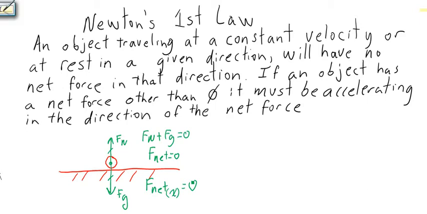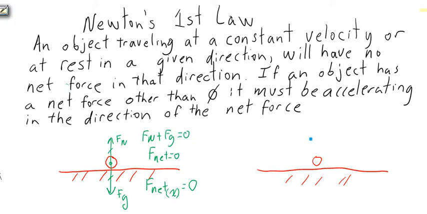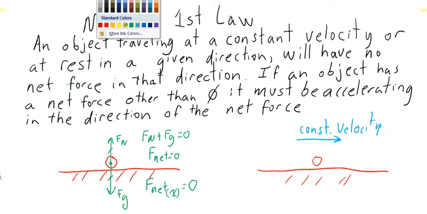Well, if we draw this again, except this time the ball is rolling, so it's no longer at rest, but the ball is traveling at a constant velocity. The forces on the ball will be as follows.